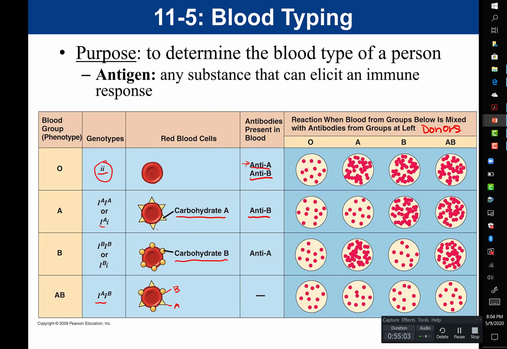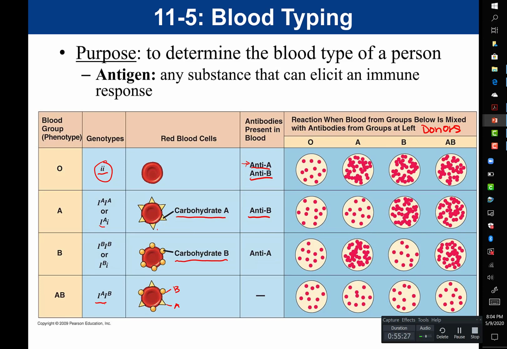Is it possible to have more than two? Answer is no, because all of your chromosomes are paired. Half of your chromosomes came from your mom, half of your chromosomes came from dad. So if you are AB, one parent gave you the A, one parent gave you the B, right?